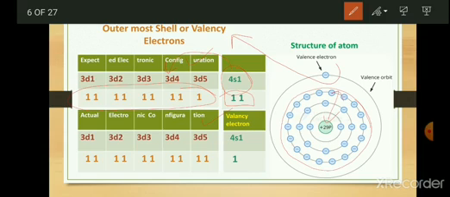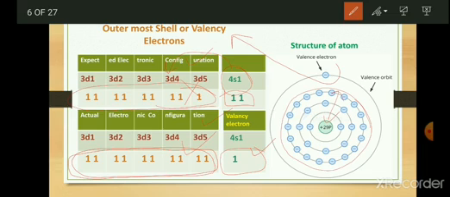If you see this, the d orbital is completely filled and all electrons are occupied, and this completely filled orbital is more stable. And if you see the 4s, this is exactly half filled, and therefore half filled and completely filled electronic configurations are more stable than partially filled orbitals.